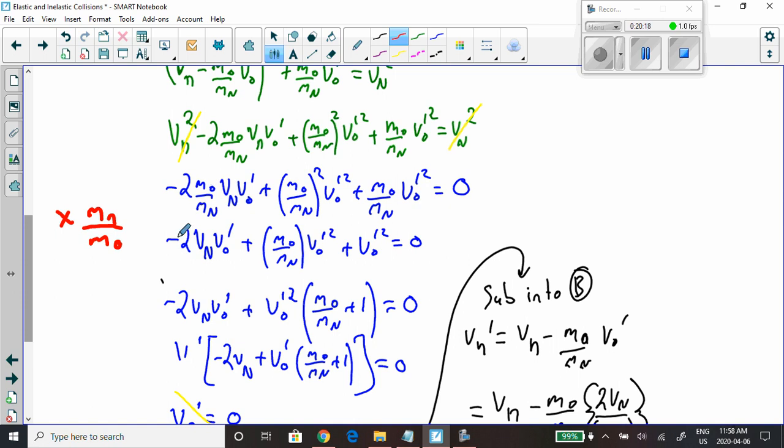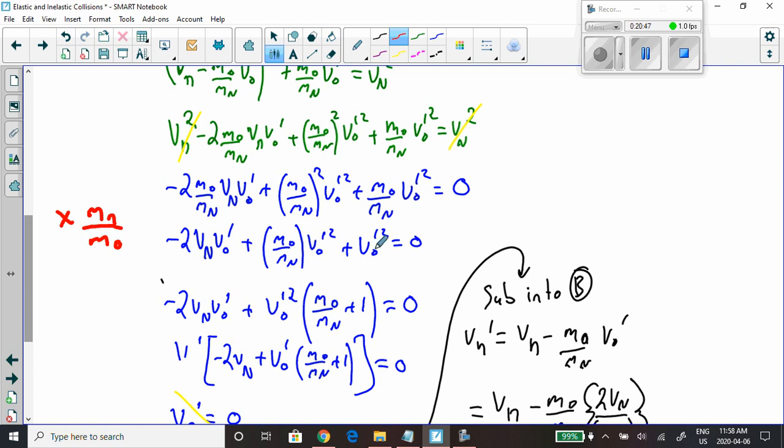And we only have negative 2 velocity nitrogen molecule before the collision, velocity oxygen molecule after the collision. When you multiply this mass nitrogen over mass oxygen into here, it eliminates the square. So we only have mass oxygen over mass nitrogen. And when we multiply mass nitrogen over mass oxygen into here, it eliminates this fraction.